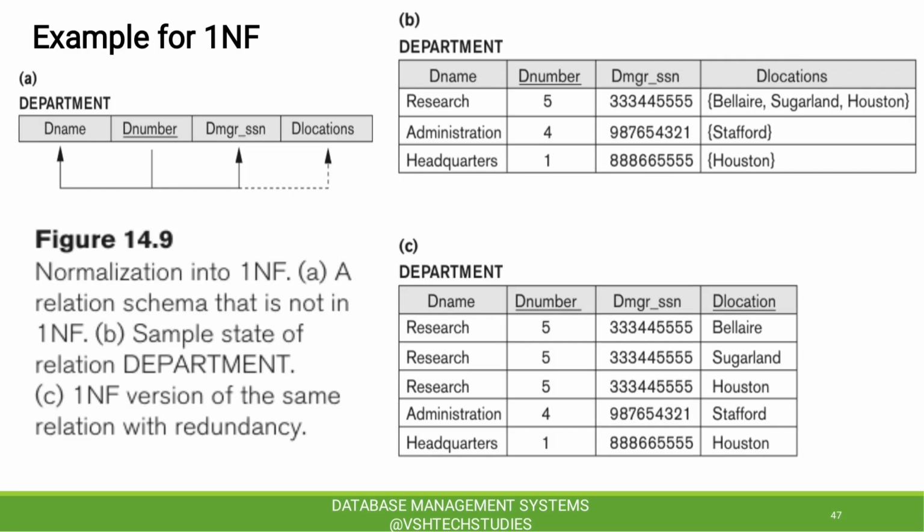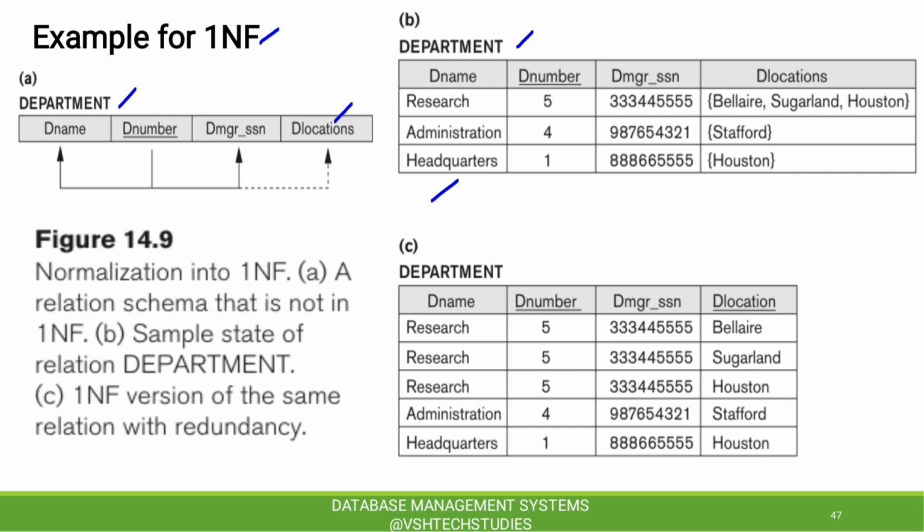Taking an example for 1NF, consider the relation schema for department. The attributes are D name, D number, DMGR_SSN and D locations. This D locations is multi-valued. Consider that department relation with the values shown here.